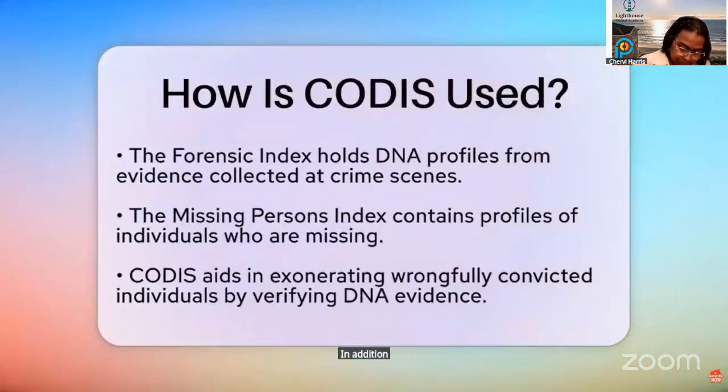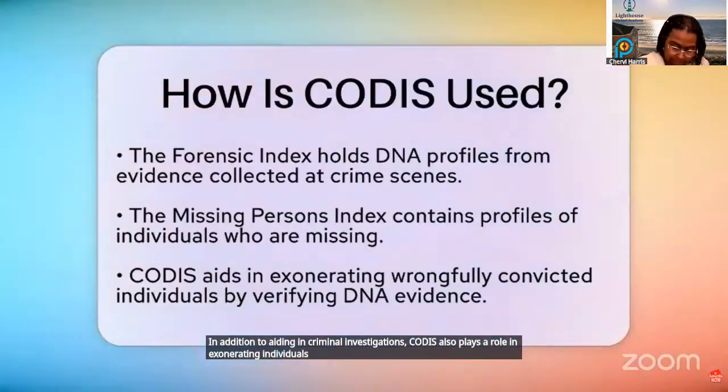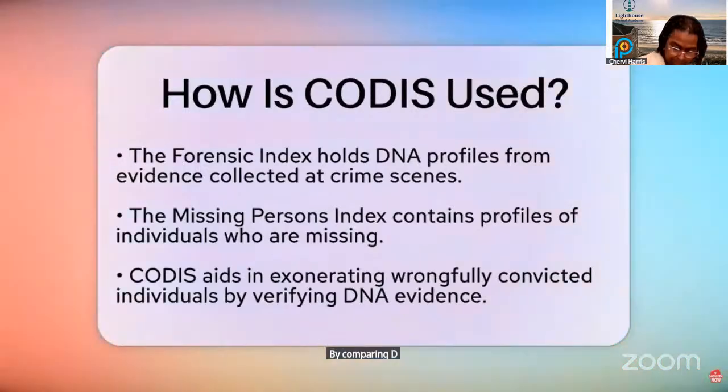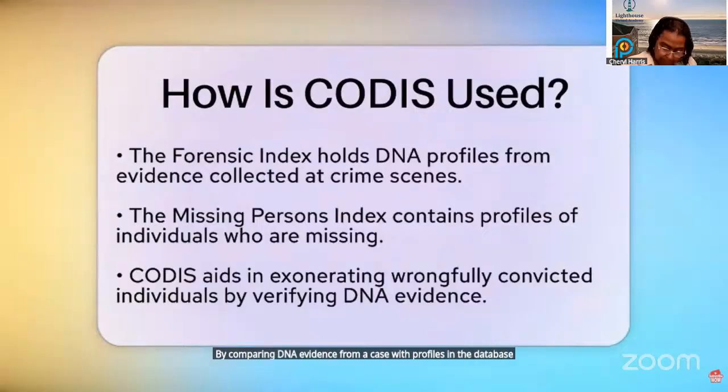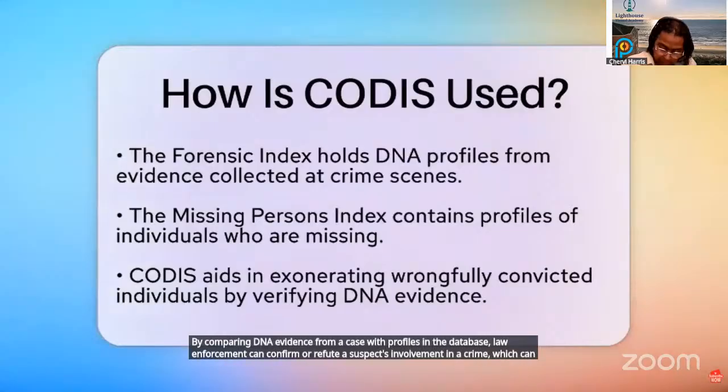In addition to aiding in criminal investigations, CODIS also plays a role in exonerating individuals wrongfully convicted of crimes. By comparing DNA evidence from a case with profiles in the database, law enforcement can confirm or refute a suspect's involvement in a crime, which can lead to the releases of innocent individuals.